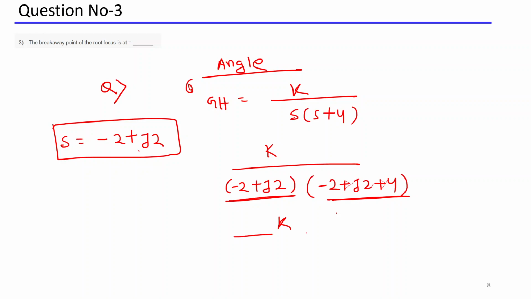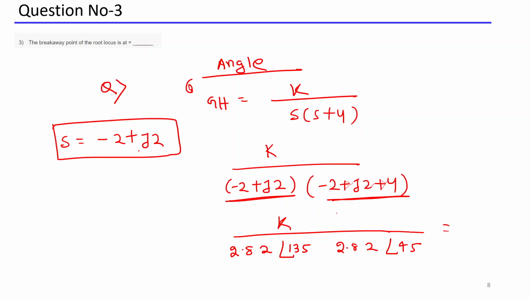If you use your calculator, you will get a value of something like 2.82 in magnitude at an angle of 135 degrees. And for this second part, minus 2 plus j2 plus 4, which is nothing but 2 plus j2, you'll find a magnitude of, let me give an example, yeah, you'll get again 2.82 at an angle of 45 degrees.